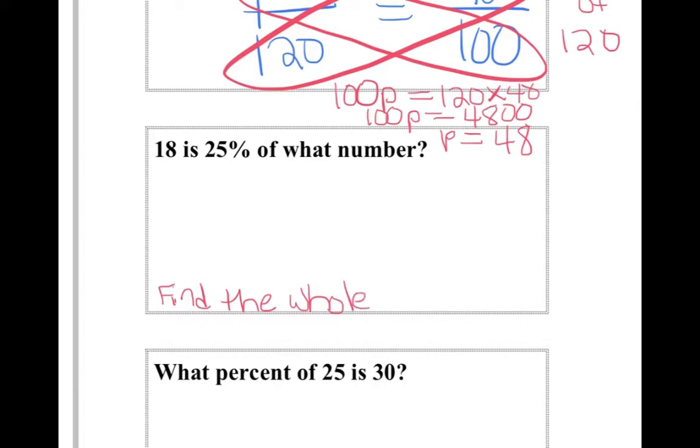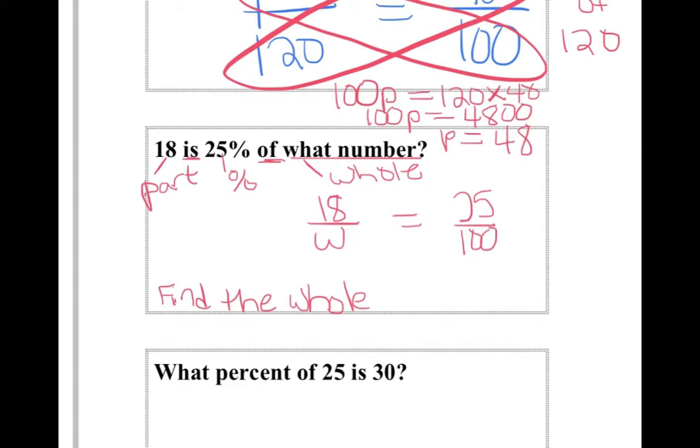So of, that's the whole. 18 is, so that's our part. And then we have our percent. So let's write out our ratio. Part is 18. Whole is missing. We'll use a W. Equals 25 over 100.